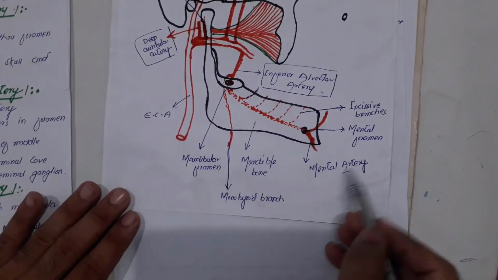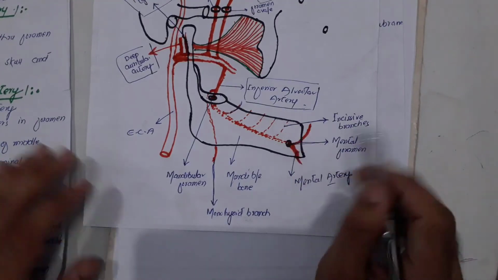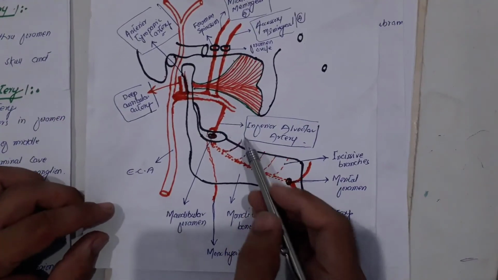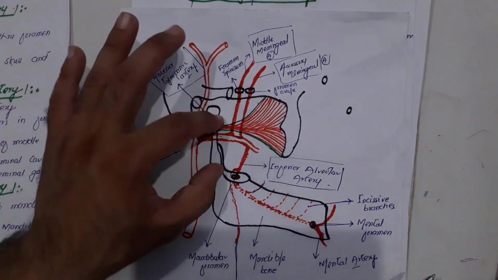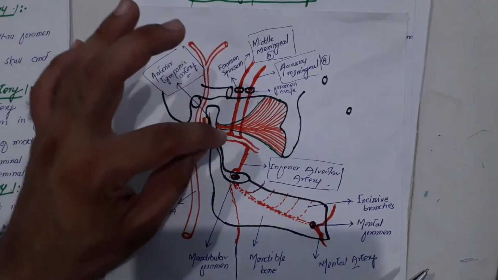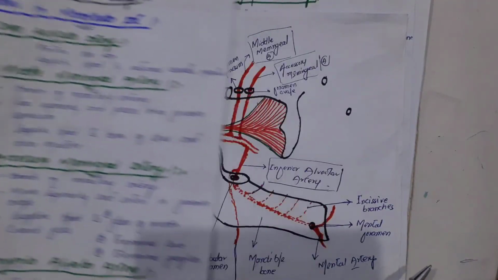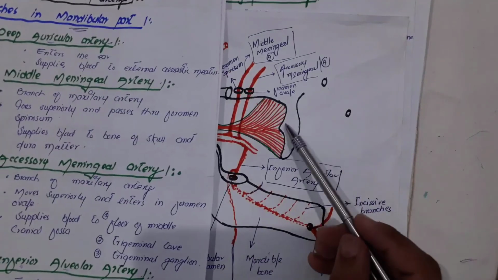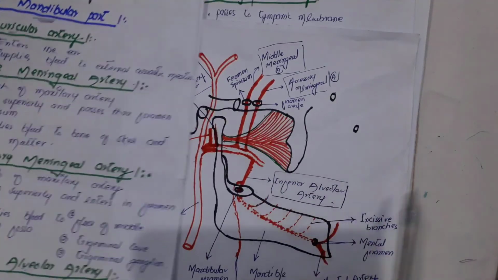And these are the sub branches which the inferior alveolar artery gives, right? So these are the branches in the mandibular part of this maxillary artery, right? So we discussed the mandibular part arteries. Now in the next lecture I will discuss the pterygoid branches of this maxillary artery.